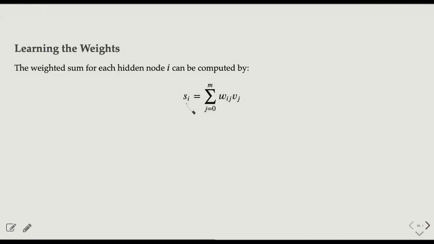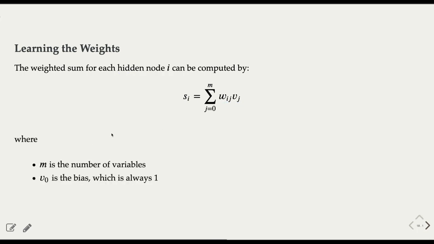So how do we learn the weights? Let's follow the network step by step. First, we need to feed the input values into the network. The weighted sum of each hidden node i, Si, can be computed by the sum of Wij times Vj, where m is the number of variables here, and V0 is the bias variable, which is always 1, and then V1 is the first input variable, V2 the second input variable, and so forth.